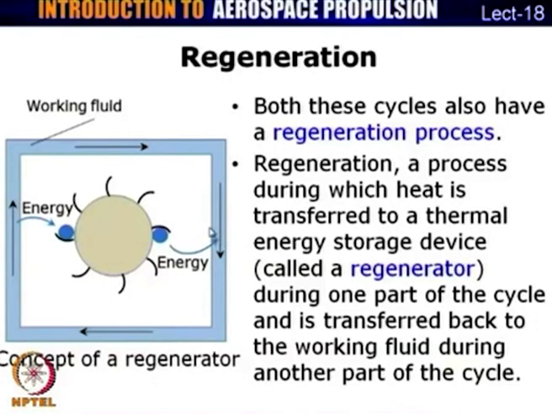Regeneration is something which is common to both Stirling as well as Ericsson cycles, and this is why it is possible for Stirling and Ericsson cycles to have isothermal heat addition and isothermal heat rejection, basically because these cycles transfer heat using what is known as a regenerator. So, a regeneration process or a regenerator is common to both Stirling as well as Ericsson cycles.